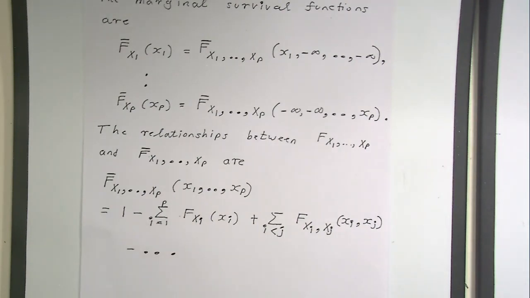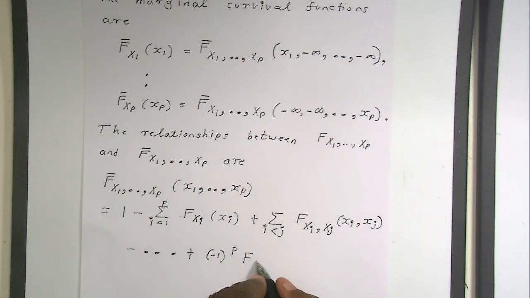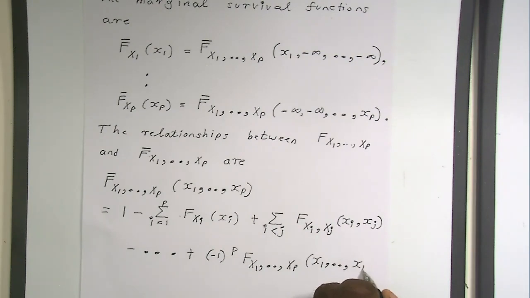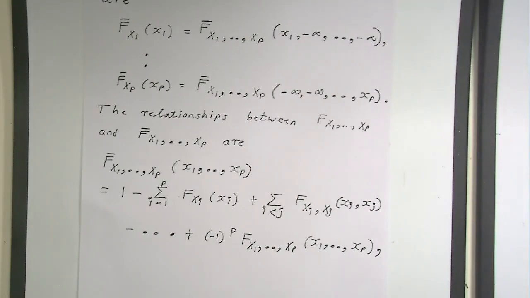The last term will be the following. I know it looks pretty complicated, but as you can see, on the right hand side all you have is the joint CDF, and on the left hand side you only have F bar.